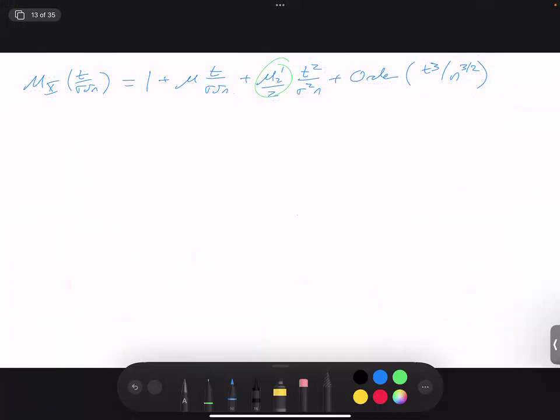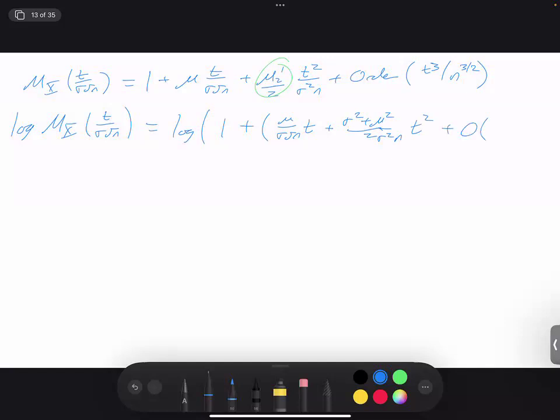If I now take the log of mx of t over sigma square root of n, that's going to be the log of 1 plus, and my u is going to be mu over sigma square root of n t plus mu2 prime. We just said that was sigma squared plus mu squared over 2, then we'll have a sigma squared n down below, t squared plus order t cubed over n to the 3/2.